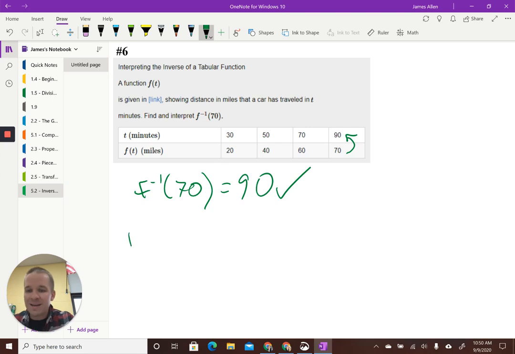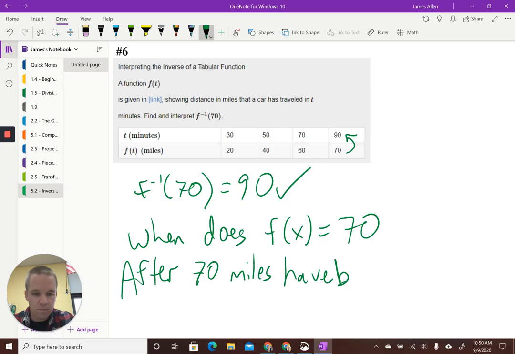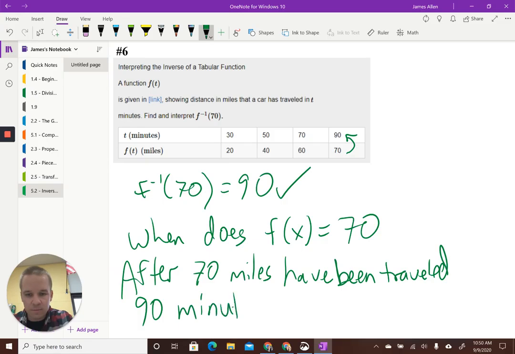Interpret it. Well, we could say, when does f of x equal 70, or maybe after 70 miles have been traveled, 90 minutes have elapsed.